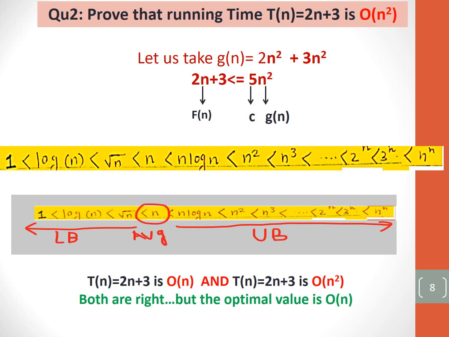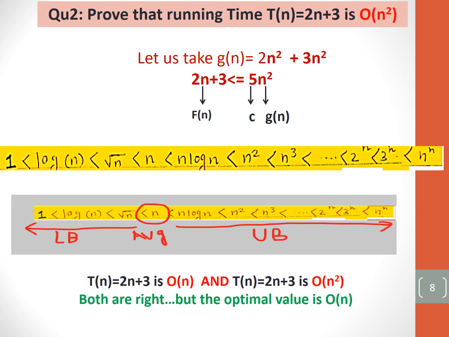Please verify that we have already proved that 2n + 3 is O(n), and T(n) = 2n + 3 is O(n^2). We can verify that n^2 is on the right-hand side of n. That means it goes right: n, then n log n, then n^2.